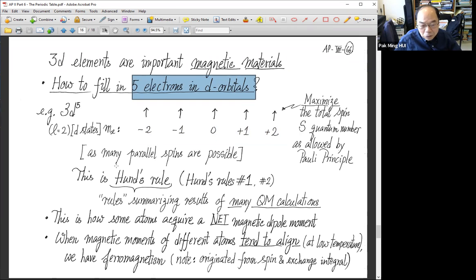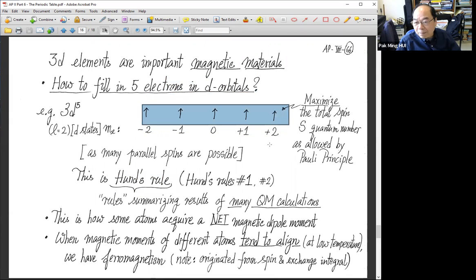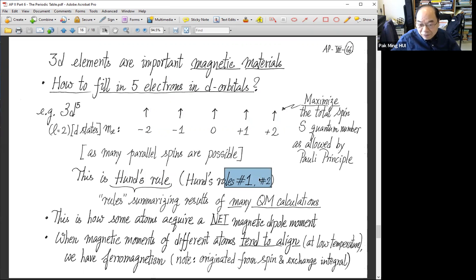It turns out that Hund's rule says, up, up, up, up, up, that will minimize the energy, okay? So the rule says, it's called Hund's rule 1 and 2. The rule says, first, maximize the total spin. So up, up, up, up, up will give you the biggest alignment that will maximize the total spin. Okay, so that is Hund's rule number 1.